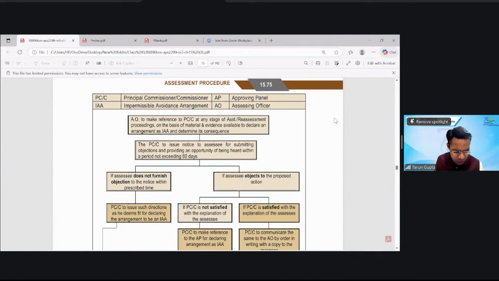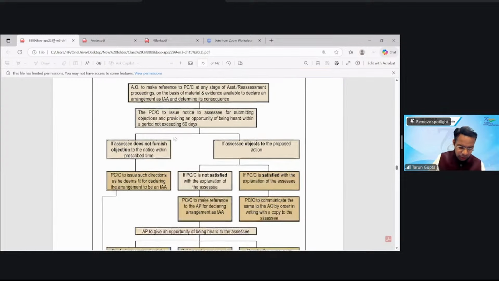So the AO makes a reference to the principal commissioner or commissioner at any stage of the assessment or reassessment procedure, on the basis of material evidence available, to declare an arrangement as IAA and determine its consequences.